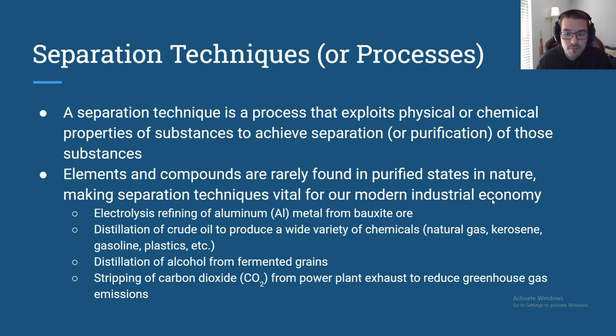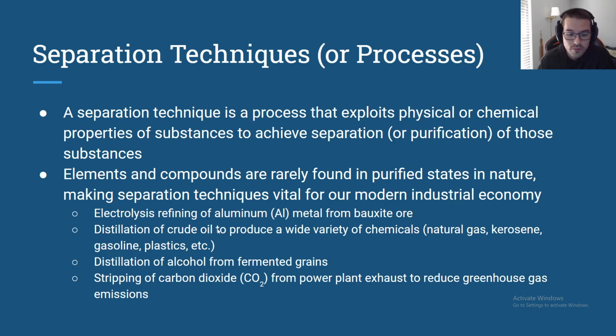A lot of industries rely on having raw materials that are in purified states, elements and compounds. So here are some examples. Aluminum: you can extract aluminum from bauxite ore using the electrolysis process.